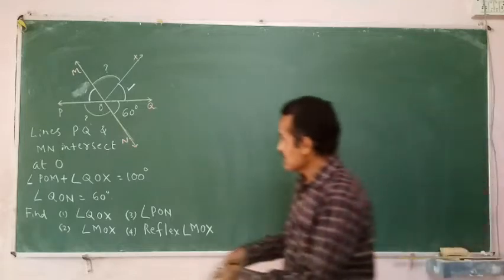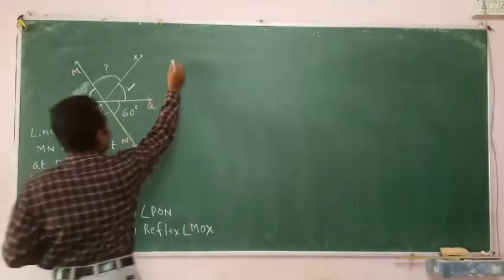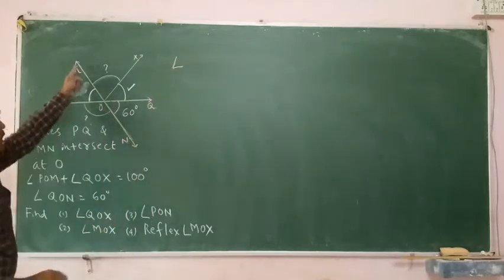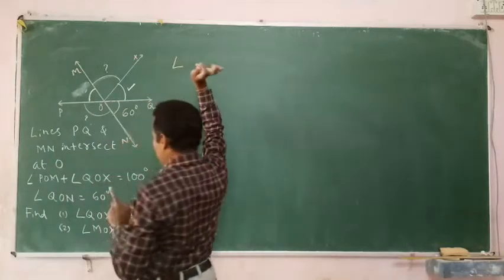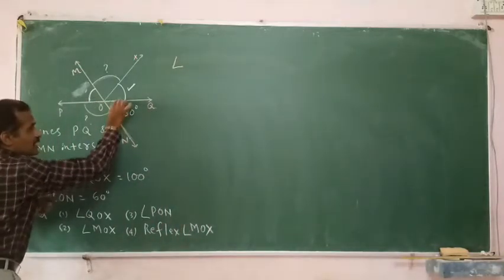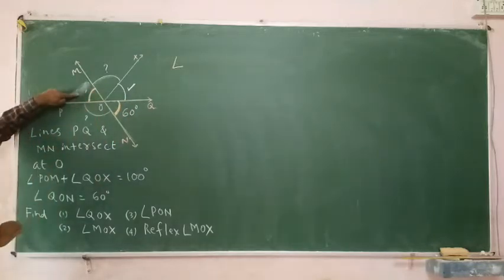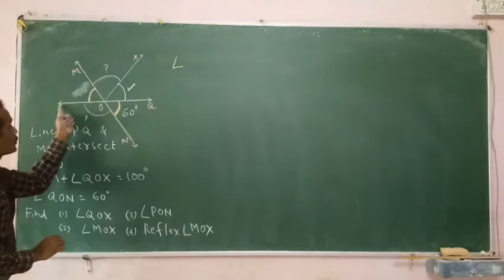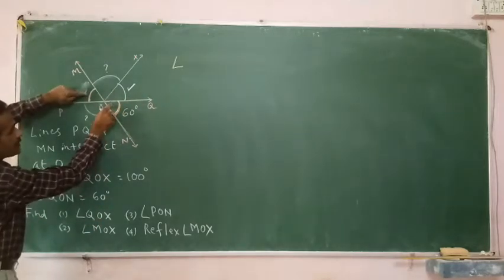That's enough. See what they have given. I will write here angle POM. Before that, see students? When this is 60 degree, can I say this is also 60 degree? Because these are the two straight lines and we can call them vertically opposite angles.